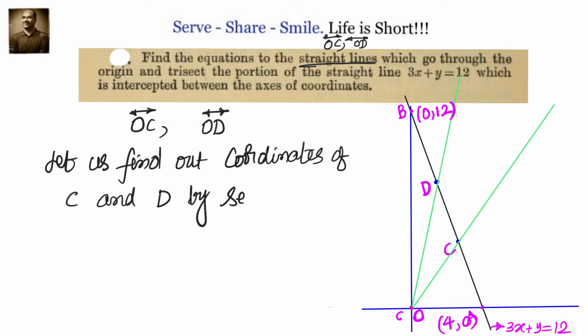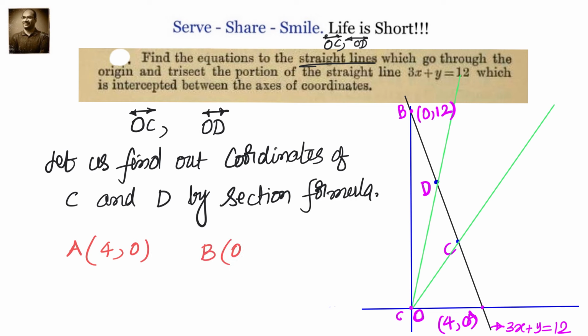First let's find out the coordinates of C. For that we will use the section formula. First let's write down the coordinates of A, B and the ratio. A is 4 comma 0, B is 0 comma 12 and the ratio is 1:2. C divides AB in the ratio 1:2.